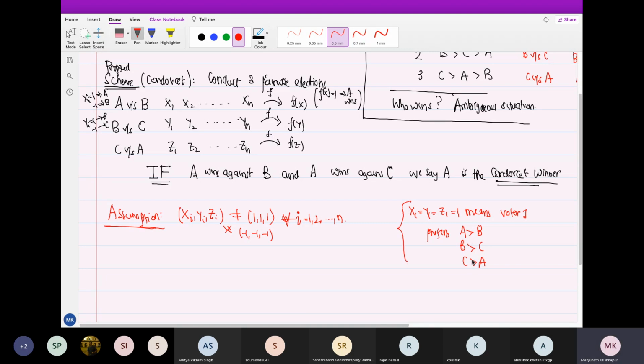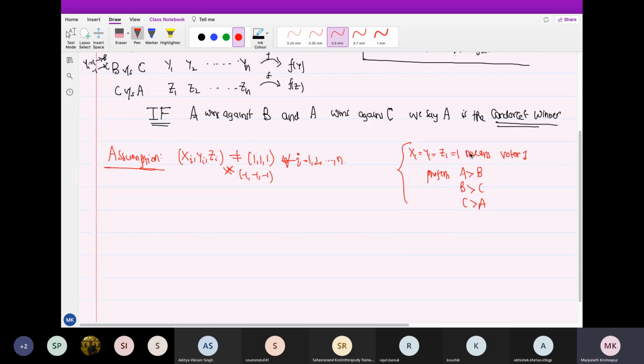It's not a consistent belief system that you prefer A to B and B to C and C to A. Makes no sense, right? So let's assume that individual voters don't have this type of foolishness. If the individual voter has this, then it's meaningless. Similarly, if (-1, -1, -1), it goes the other way.